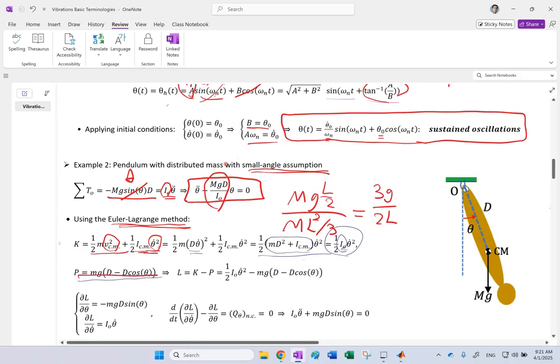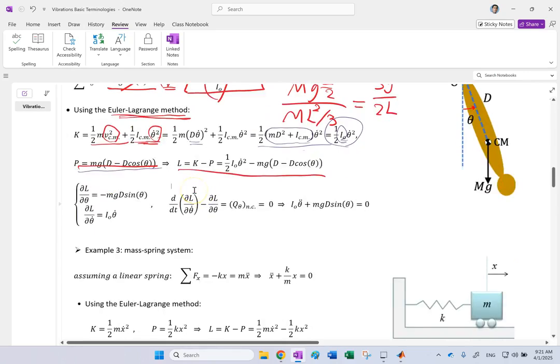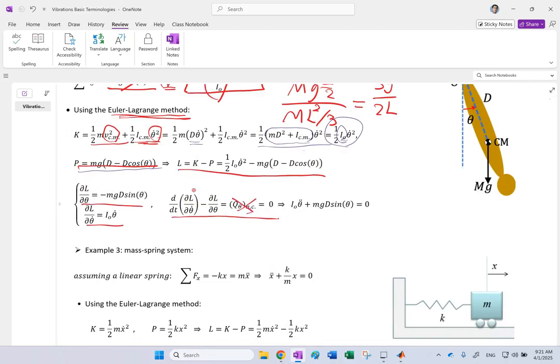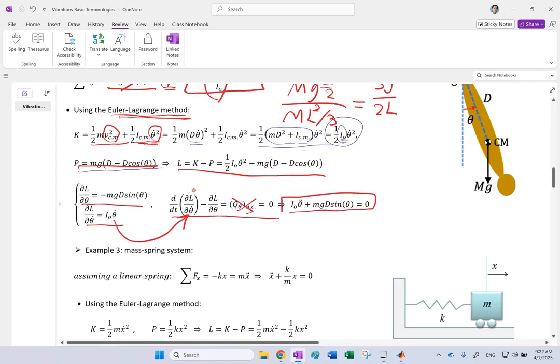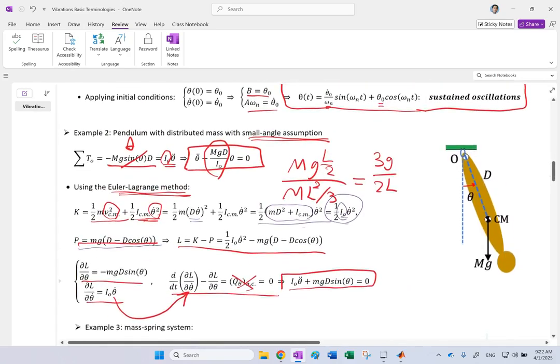So you subtract these two, you get the Lagrangian, find the partials with respect to theta and theta dot, plug them into the Euler-Lagrange equation. Again, in this case, I don't have any external torque or damping, so the non-conservative generalized torque is 0. If you plug this term here and simplify, you get the exact same ODE that you got with the Newton method.